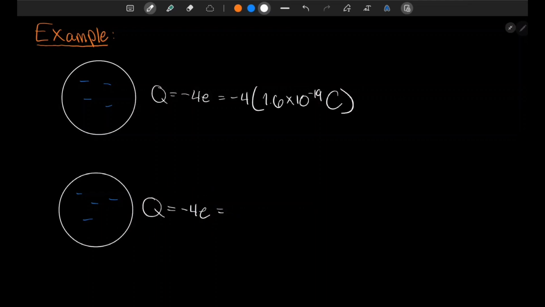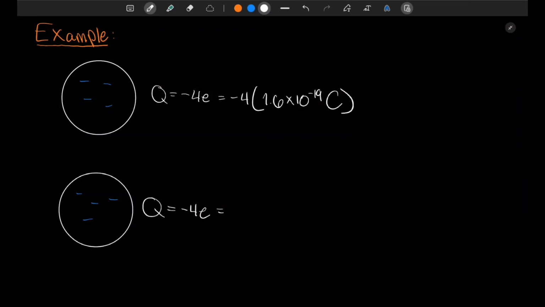So the charge is negative 4 times 1.6 times 10 to the negative 19 coulombs. All I'm doing is rewriting the charge in terms of coulombs, because the coulomb is more familiar in everyday life.